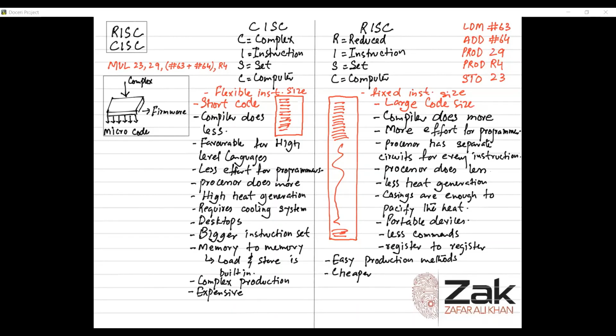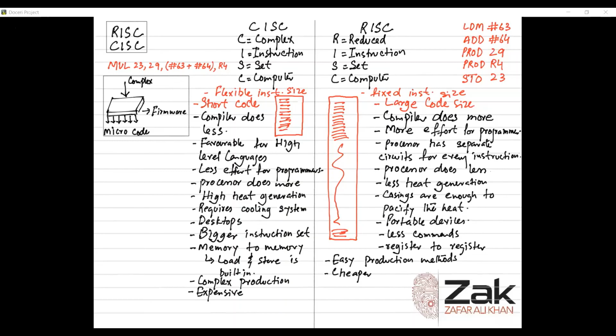So let's just generalize it in common sense. In common sense, all those devices which have ways to get rid of heat are basically CISC heavy, because the processor is doing more. When the processor is doing more, more electrons are flowing. There is more friction. When there is more friction, there is more heat. When there is heat, you have to get rid of the heat. Whereas in RISC, the processor is doing less, so there is less heat.